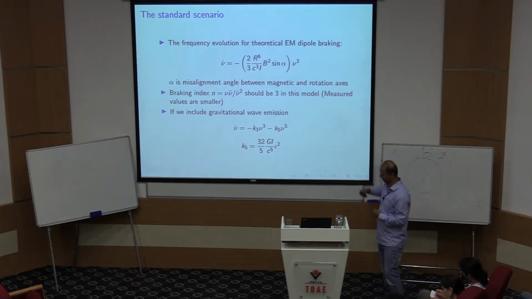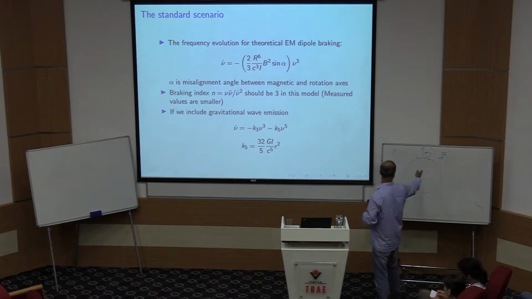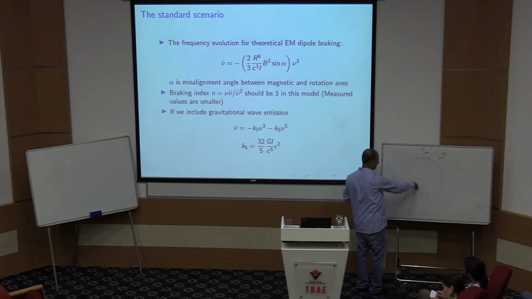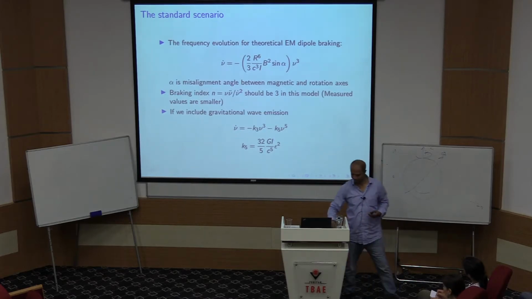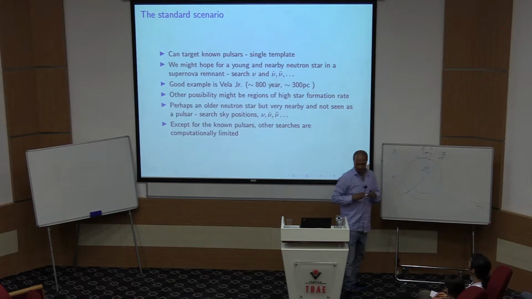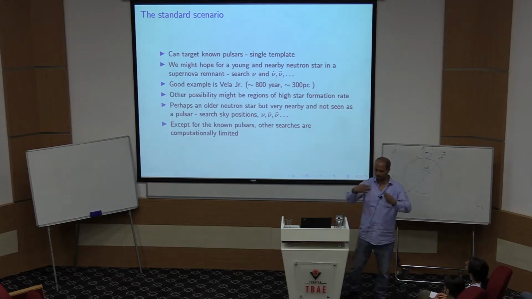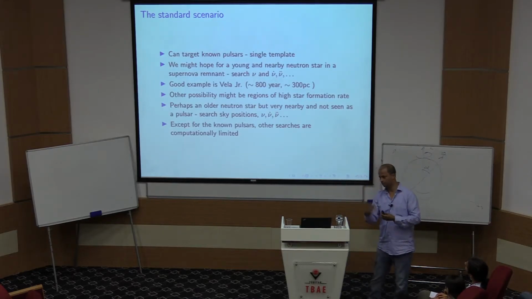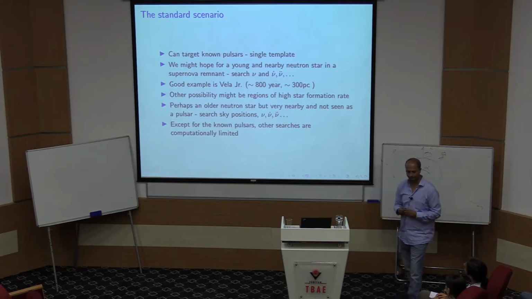And this angle alpha is the misalignment between the dipole and the rotation axis. Of course, if alpha is 0, then there is no loss in dipole radiation. But if alpha is more misaligned, then we get a larger braking radiation.